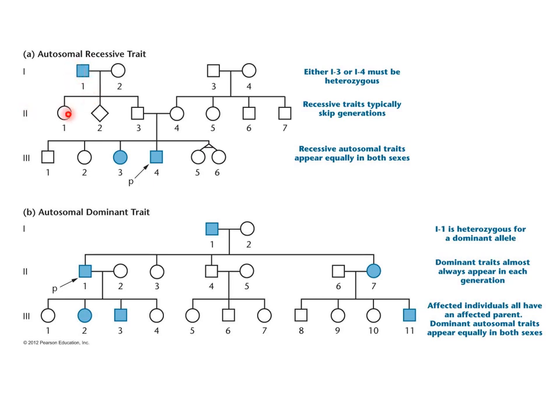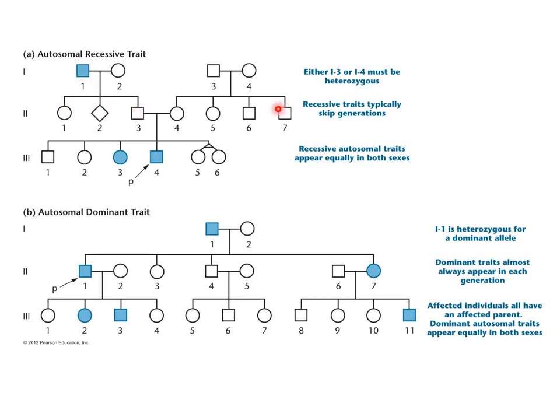If the shape is empty or not colored in, that represents someone who is not showing the trait. Sometimes they say healthy versus unhealthy, but it's sometimes just a matter of do you see the trait? Do you not see the trait?